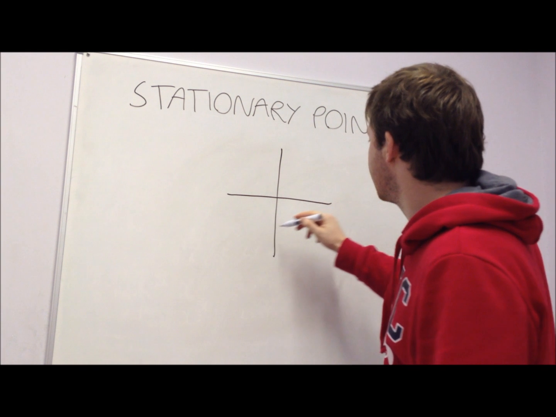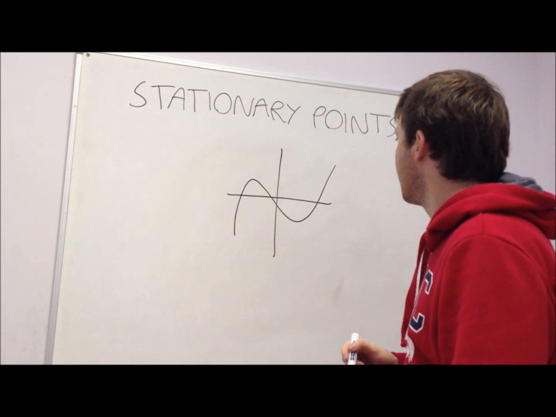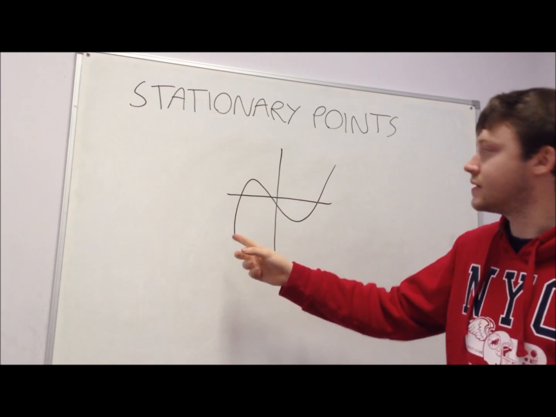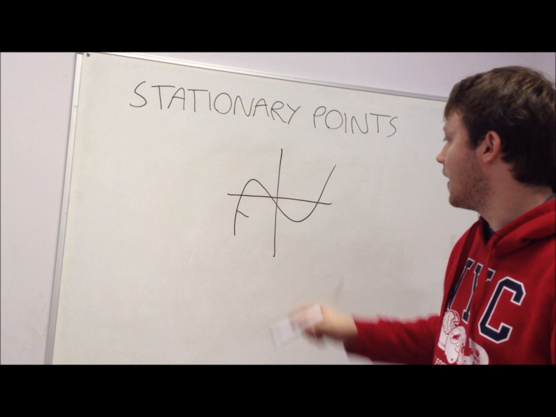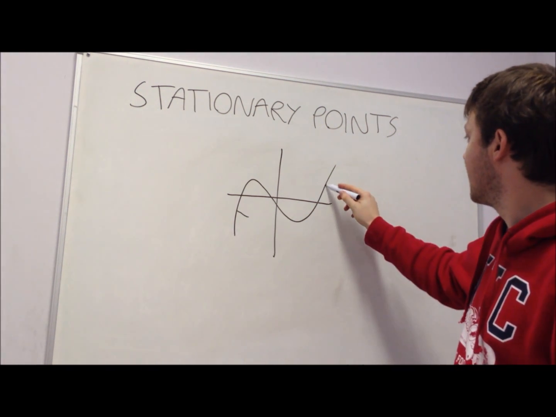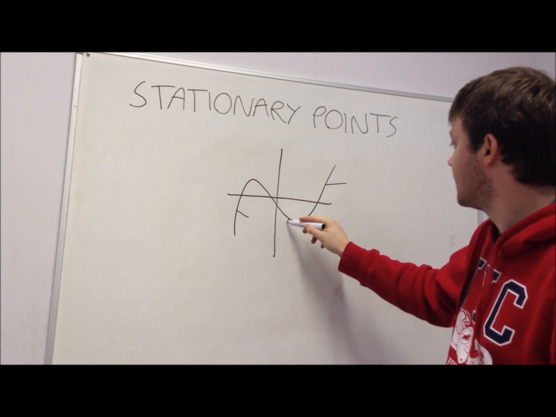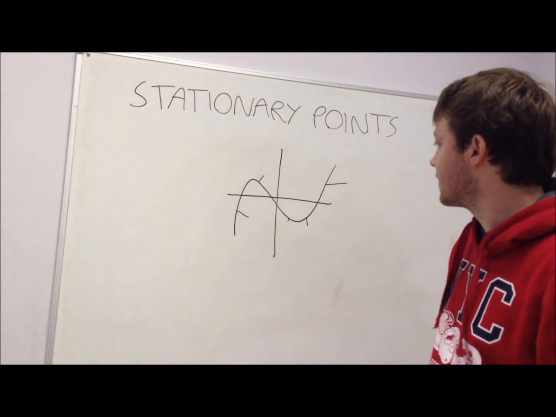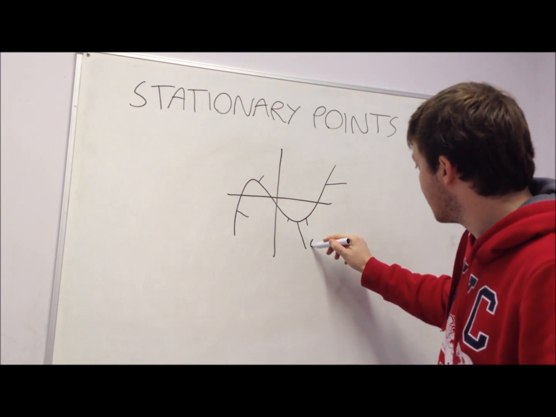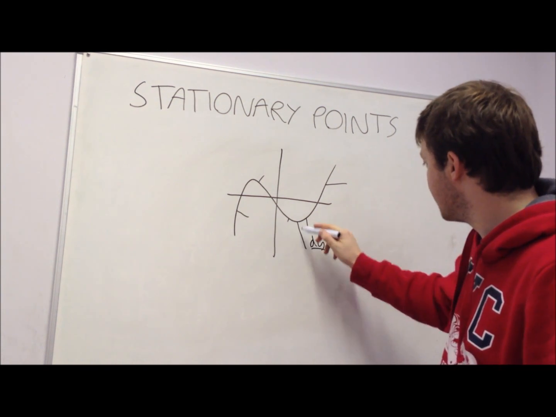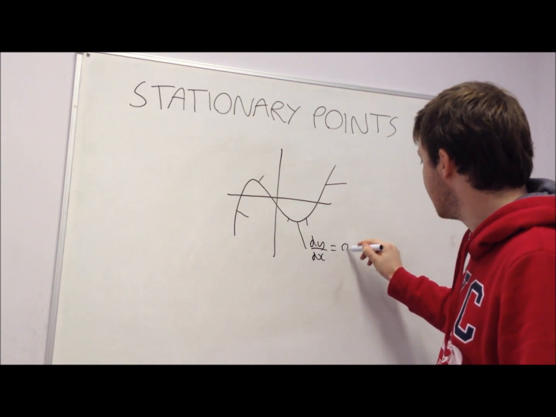If I draw this arbitrary curve, if we look at this curve in several different places, we can say that here, for example, the gradient is high, as it is here. But if we get closer and closer to these flat points on the curve, we can eventually say that here, the gradient, or dy dx, is 0.